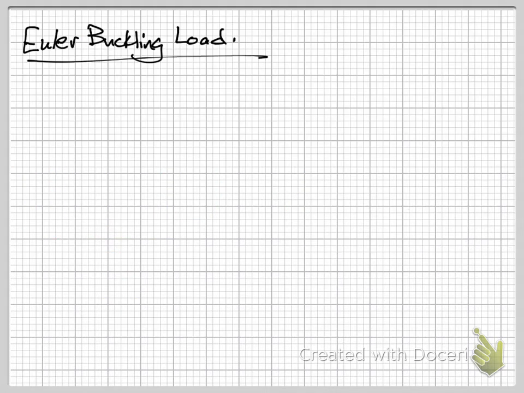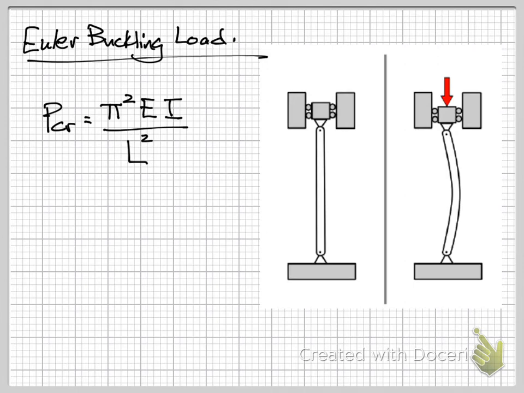Let's take a look at some of the assumptions involved with the Euler buckling load equation. Mr. Euler derived this equation based on the model you see here. The pinned condition on the bottom was considered common or normal at the time, and the condition at the top.